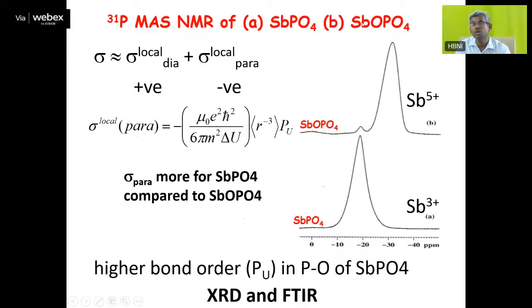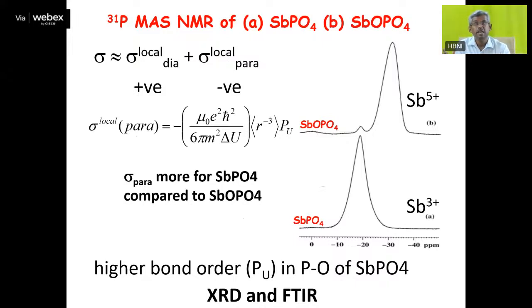What one would expect is this: in SbOPO4, antimony is in the plus 5 oxidation state, while here antimony is in the plus 3 oxidation state. The plus 5 ion is smaller, so it pulls electrons towards it more because it has a higher charge to radius ratio. The higher the charge, the smaller the radius.